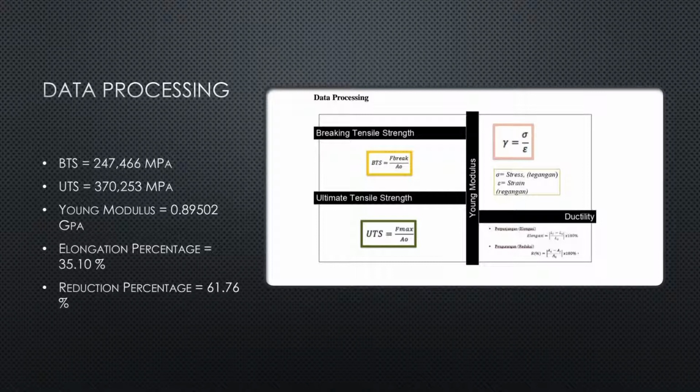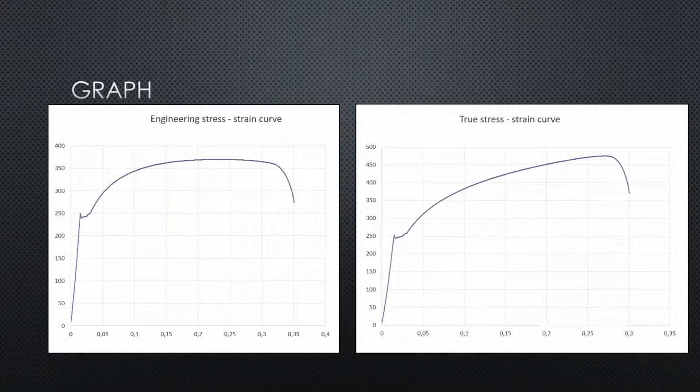For the UTS or ultimate tensile strength, we got 370.150 MPa. The Young modulus is equal to 0.89502 GPa. The elongation percentage is 35.10% and the reduction percentage is 61.76%. And these are the graphs.